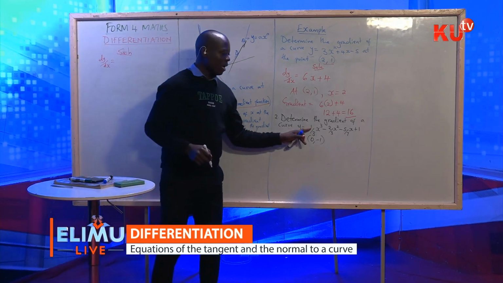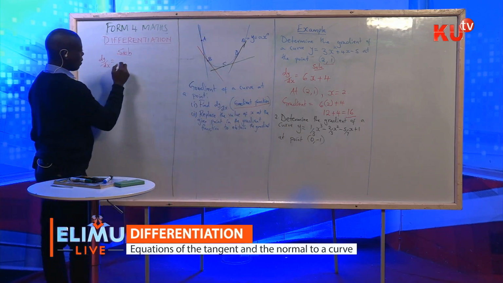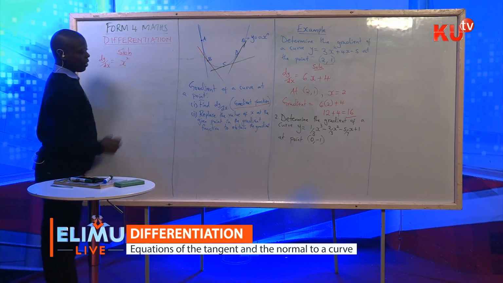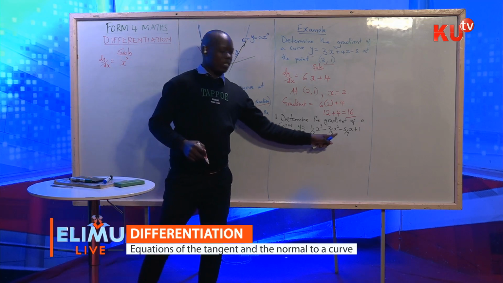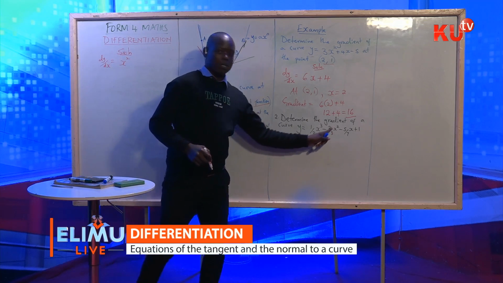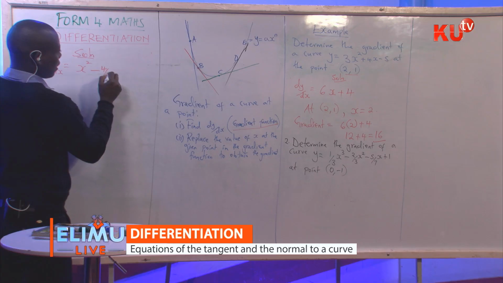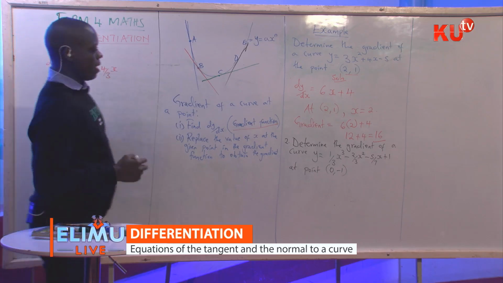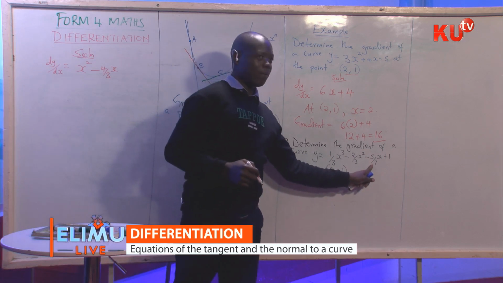Good. A third x cubed, if you differentiate that part, you will have x squared. What is the derivative of 2 over 3x squared, students? Good. That will be 4 over 3x. What do you get when you differentiate negative 5 over 7x?